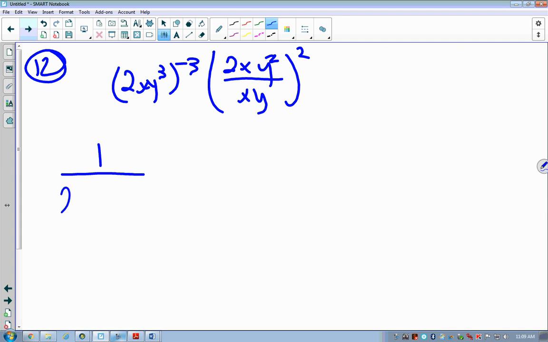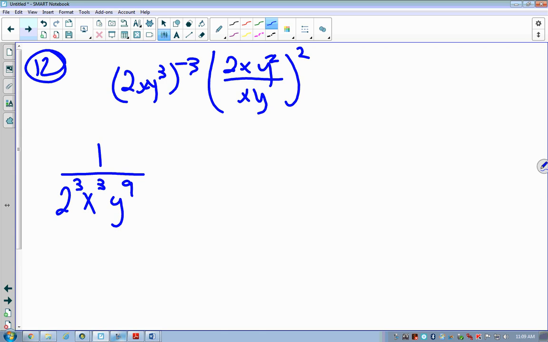So that's going to give me 2 cubed x cubed y to the 9th. Does that make sense? Is there any part of that that we don't understand?